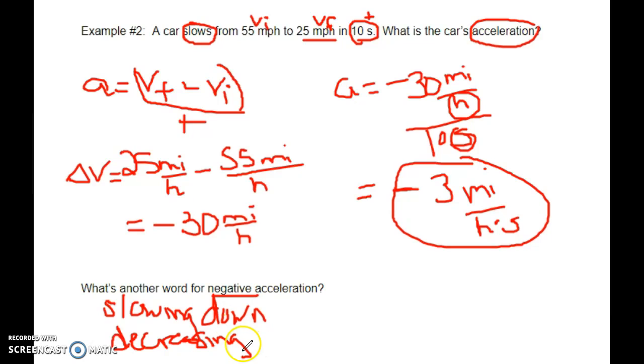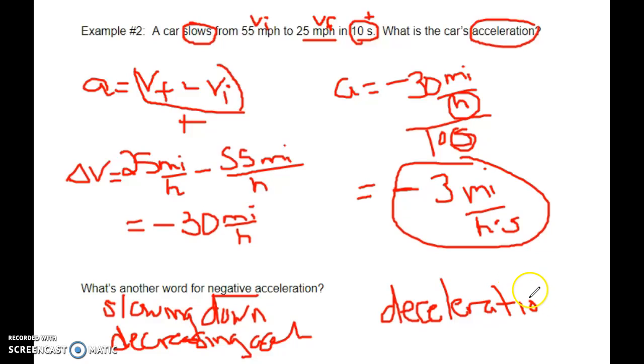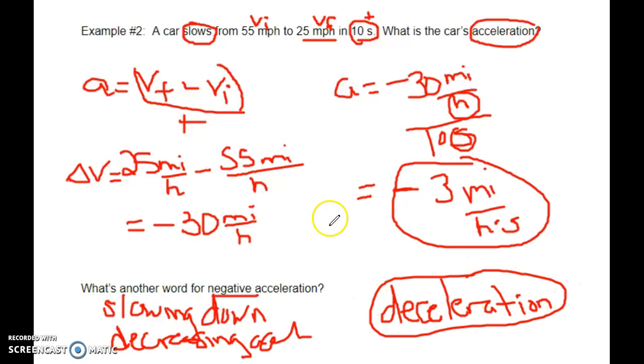Sorry, this program I'm using is a little bit tough to write with. Okay. So there's a fancier term for it called decelerating. The deceleration. Is our single word for slowing down.